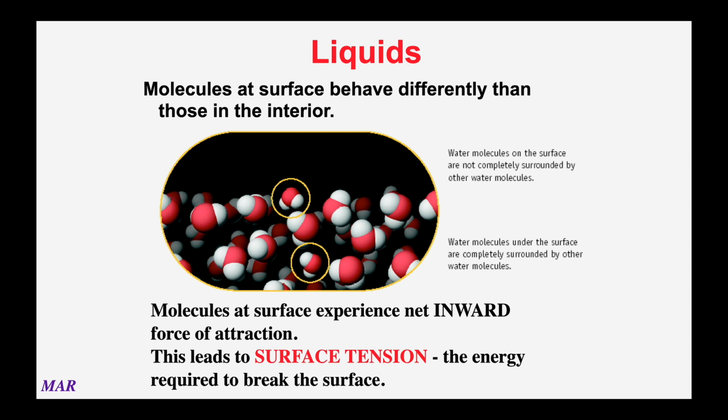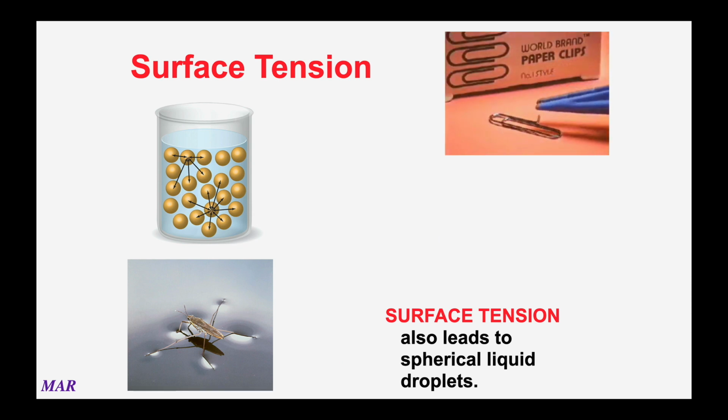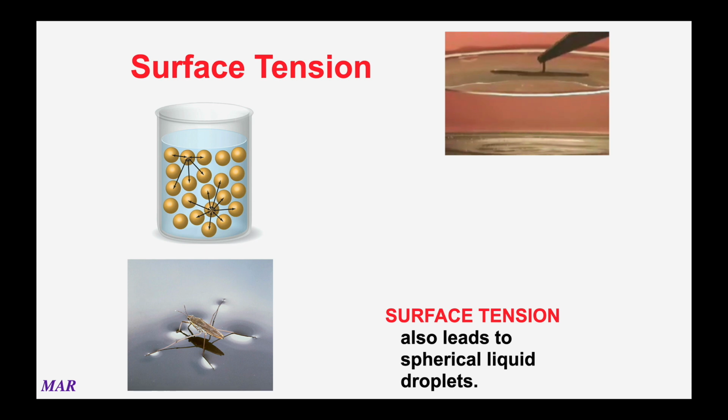Some substances have strong surface tensions, and some substances have weak surface tensions. A paperclip is placed carefully in water, or rather on it. The metal clip floats because it isn't heavy enough to break the water's surface tension.